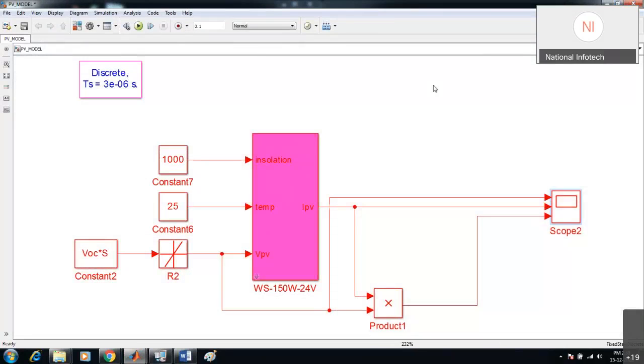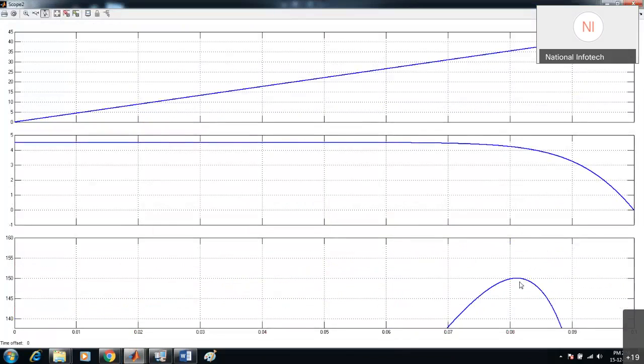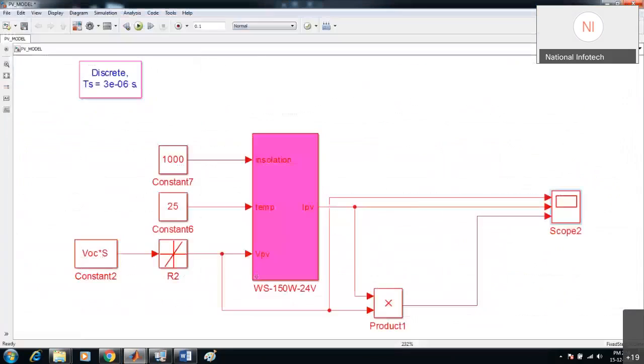What will be the power now? Before I open it, I want someone to say what the power will be right now. 150 watt. Exactly, 150 watt. So this is how this PV panel is modeled.